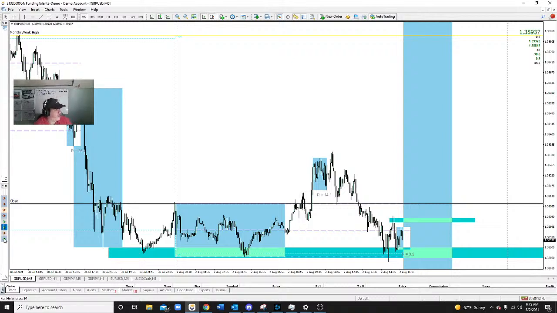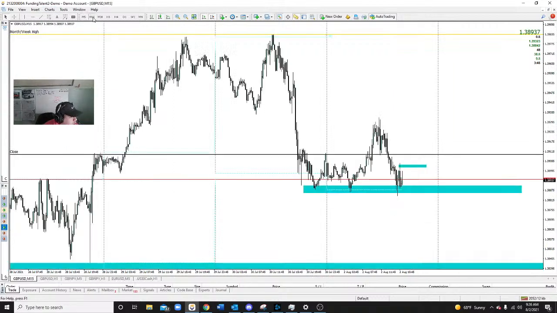Oh, and it collapsed. Didn't collapse, but you know what I mean, it just turned bearish here. Yeah, the 15 just looks super shitty.